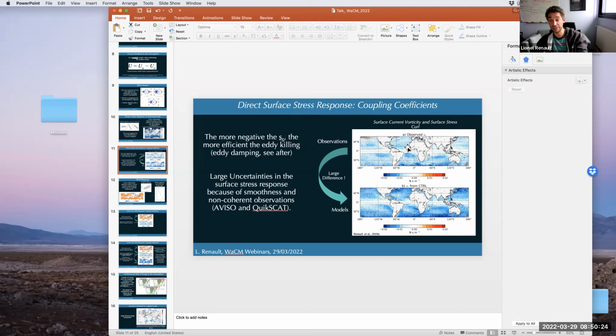They don't have the same smoothness. If they had the same smoothness, it could be more valid, but they don't even have the same defaults. So it makes it harder to have a good estimate of the stress response.